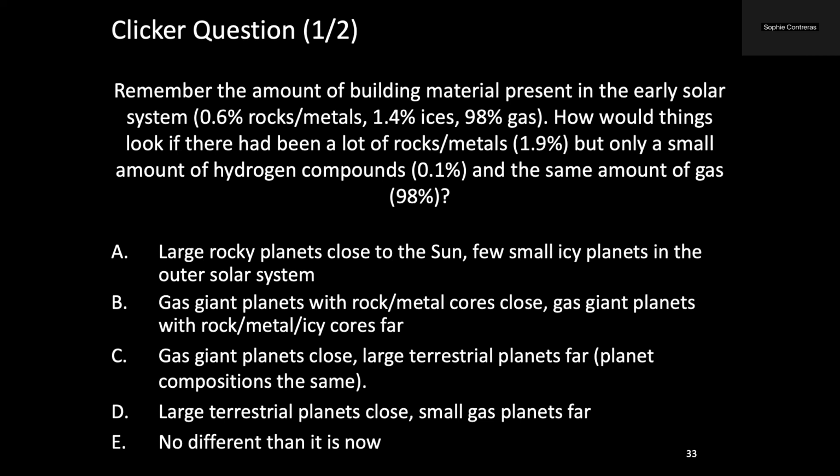B, gas giant planets with rock-metal cores close, and gas giant planets with rock-metal-icy cores far? C, gas giant planets close, large terrestrial planets far, with the planet composition the same? D, large terrestrial planets close, and small gas planets far? Or E, no different than today?